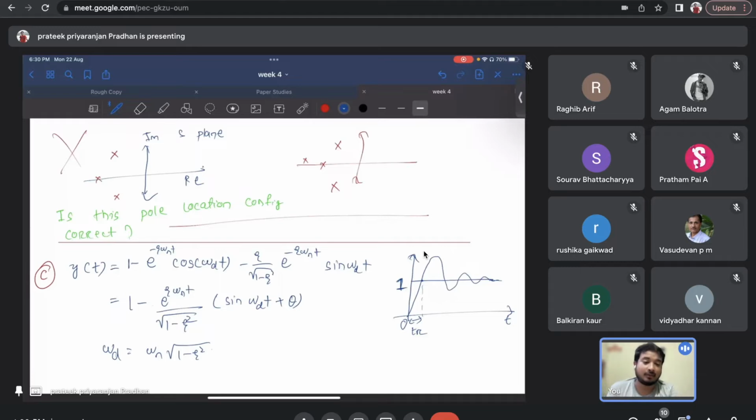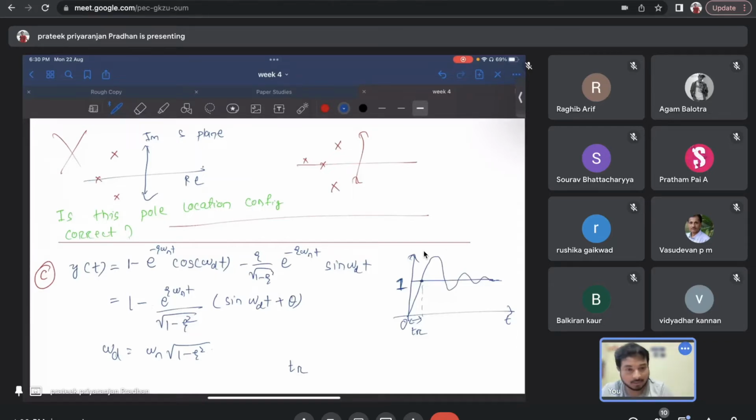This expression you need to remember by heart, because if you remember this, then your GATE examination questions will be solved in a few seconds, and in your classroom examination, you will solve the problem easily, and you can verify. So for the rise time, you put y of t equal to 1.